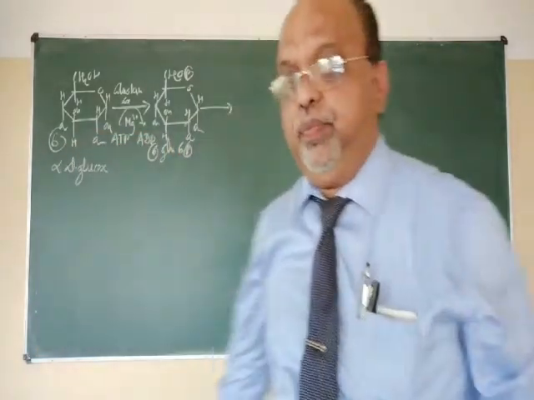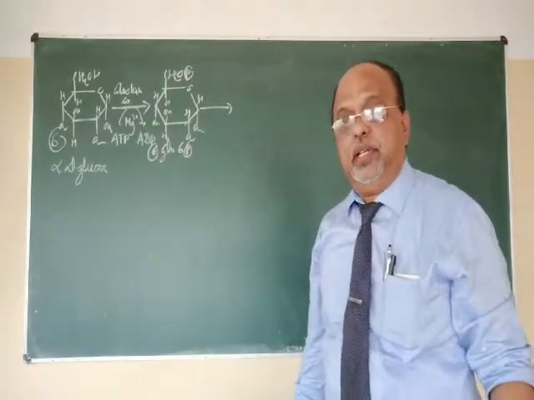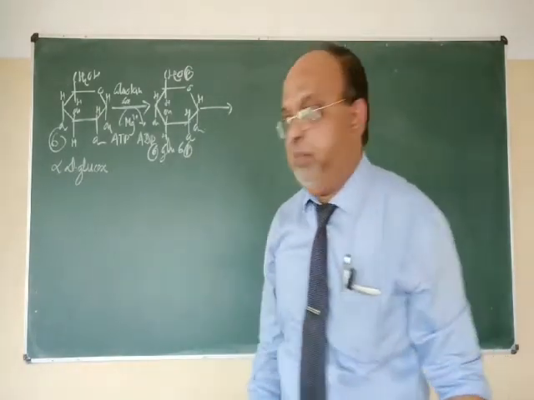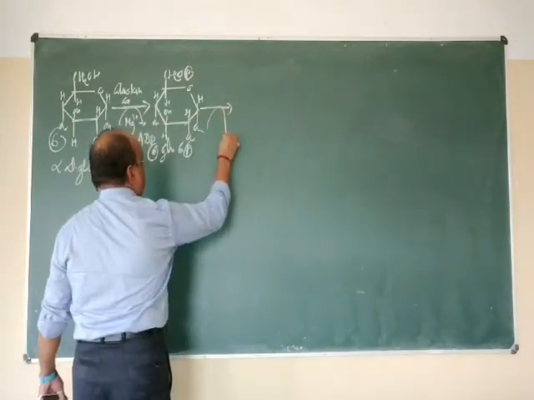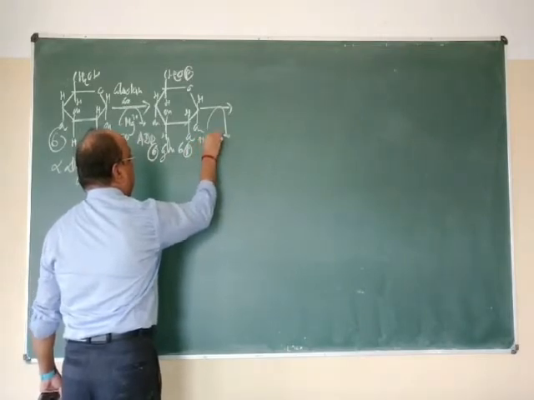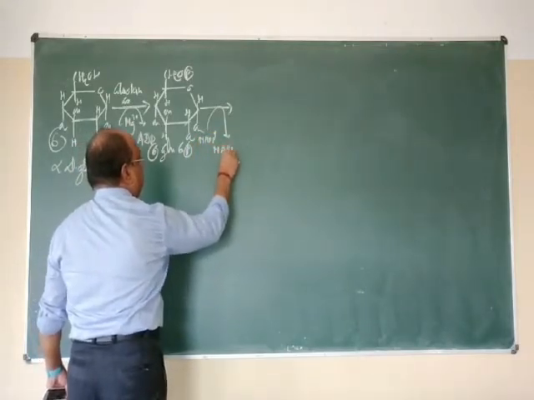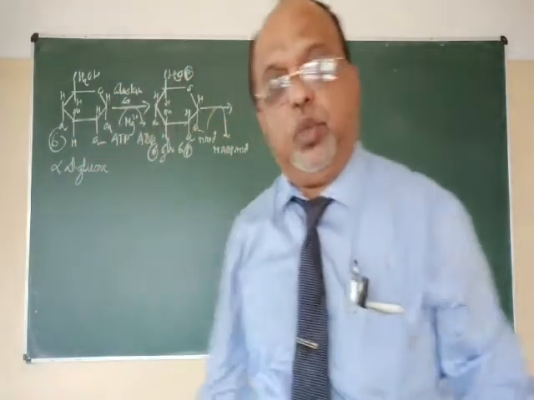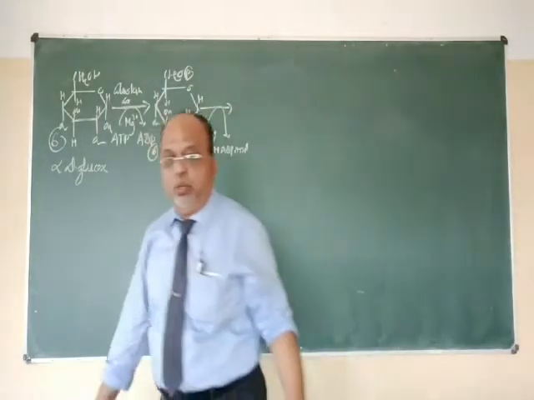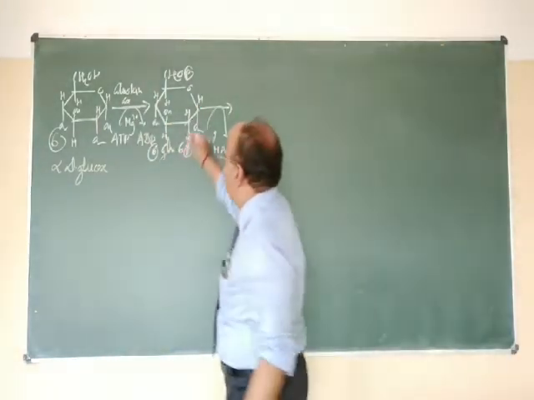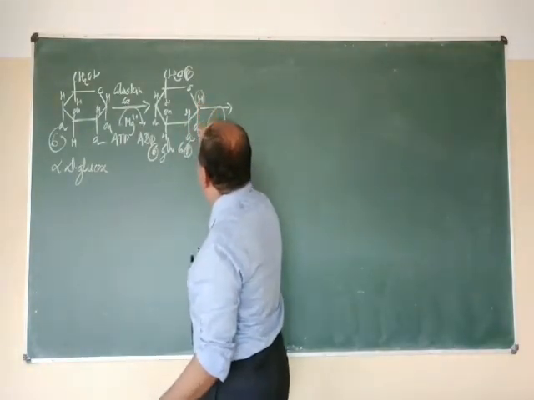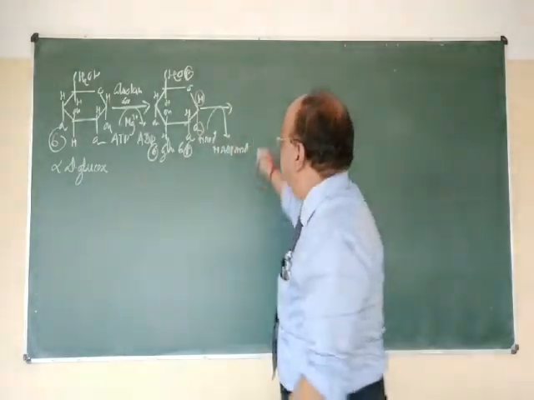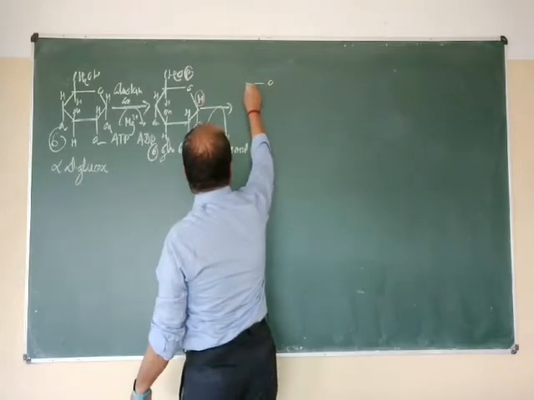In the next reaction, there is a dehydrogenation, but this time the electron acceptor is NADP. So NADP plus gets reduced to NADPH plus H plus. Two hydrogen atoms are removed in the form of electrons, and the structure becomes like this.